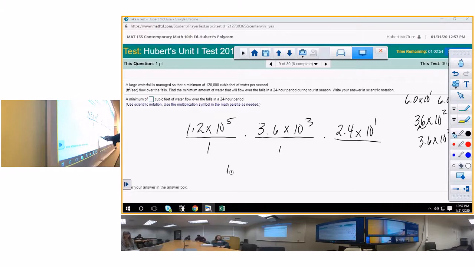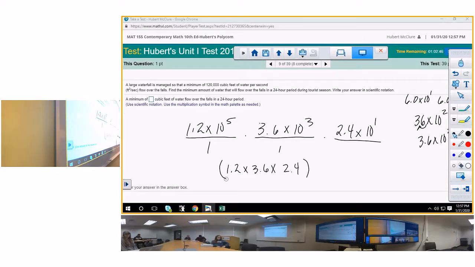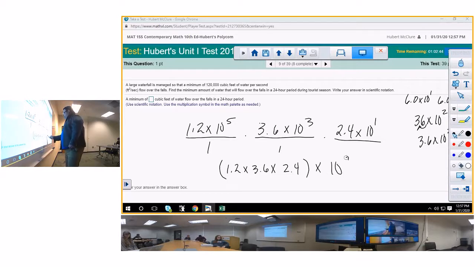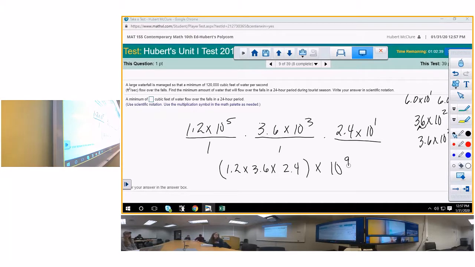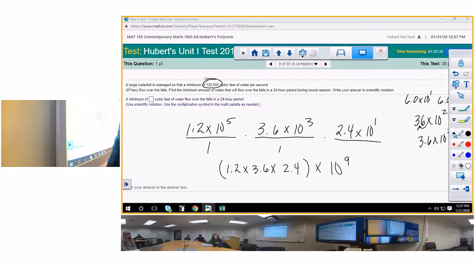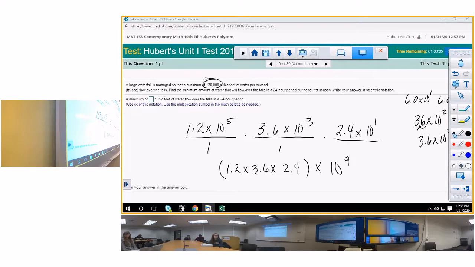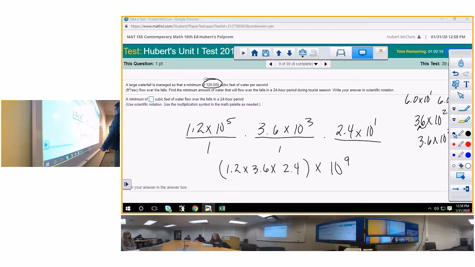1.2 times 3.6 times 2.4 times 10 to the 9th. See, we didn't have a 10 to the 9th on that last problem. We had a 10 to the 8th, and the numbers were about the same. Or were they? What was the number on that problem? Was it 20,000 or was it 120,000? It was 160,000. See, we should be getting the same answer. Well, I'll go ahead and do it, but I think I'm getting one of these wrong.